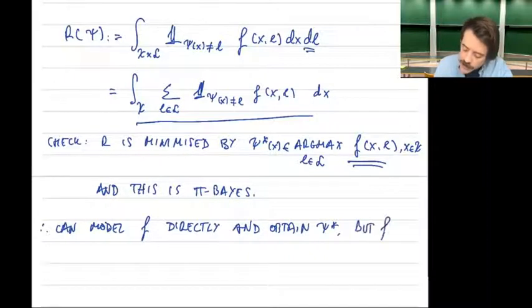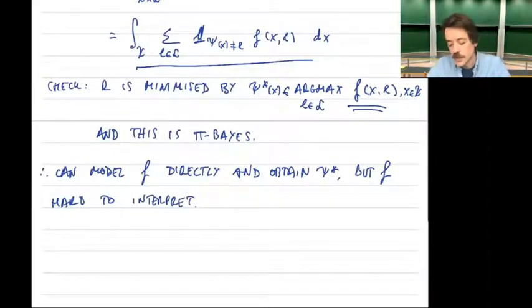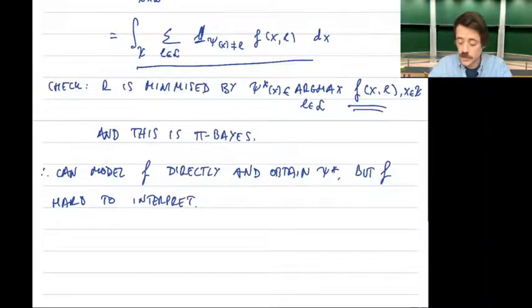But generally, F is hard to interpret, okay? It's not very simple, generally speaking, for humans to elicit joint distributions. It's much easier to elicit conditional distributions together with marginal distributions. So this is exactly what we can do.